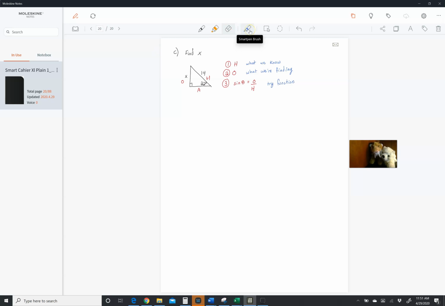And now we just plug in. So the sine of 22 is equal to our opposite, we don't know what that is, over 14. And we've seen this before. We multiply both sides by 14. So we get that x is equal to 14 times the sine of 22.